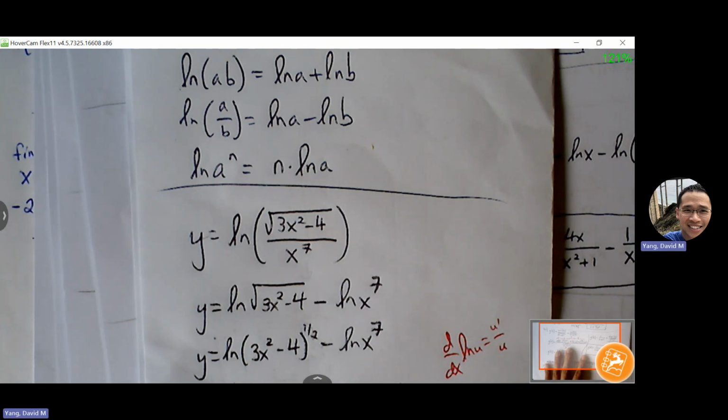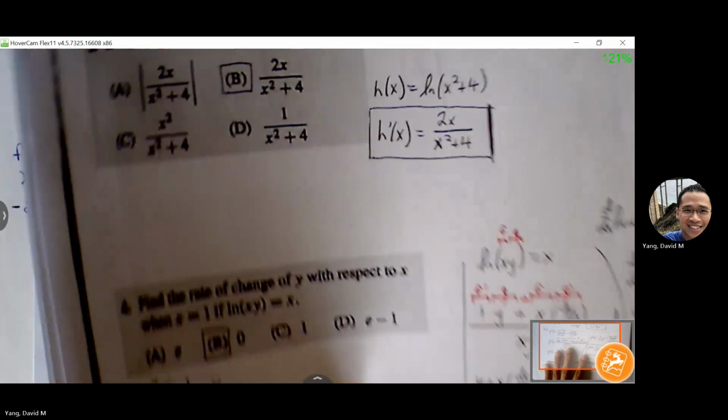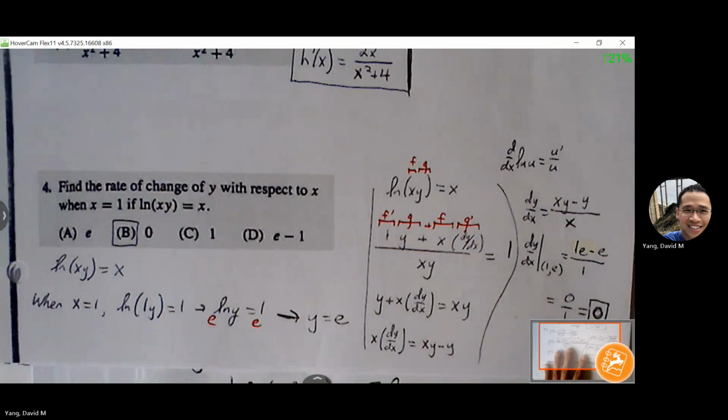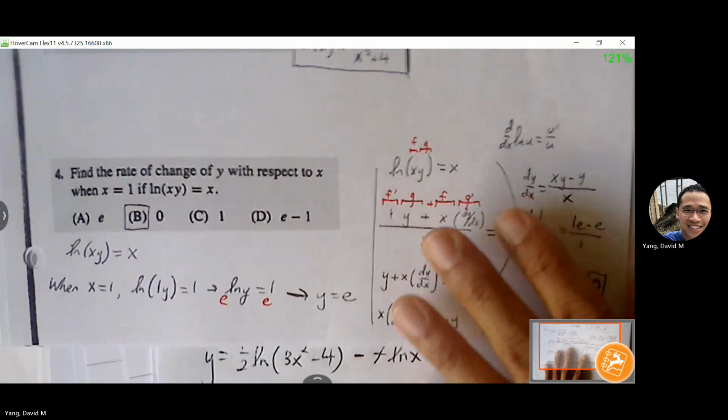Okay, so, 3.4 AP practice, number 4, I circled something, and it was like, I still don't get it. This one here?